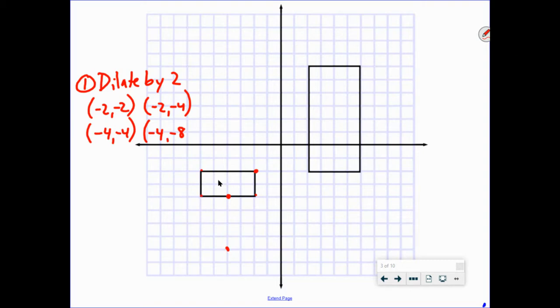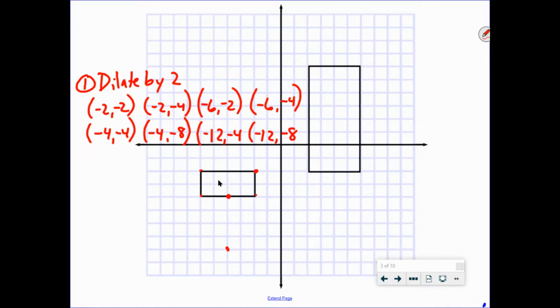Then this point, let's go at this point here. This is 1, 2, 3, 4, 5, 6, -2. So (-6, -2). And let's go ahead and finish off here. (-6, -4). So when I multiply all these by 2, I get (-12, -4) and (-12, -8). Now, here's the problem. I'm already here.